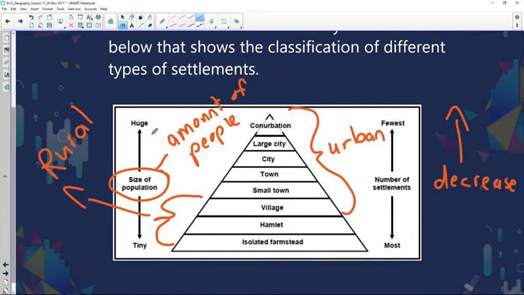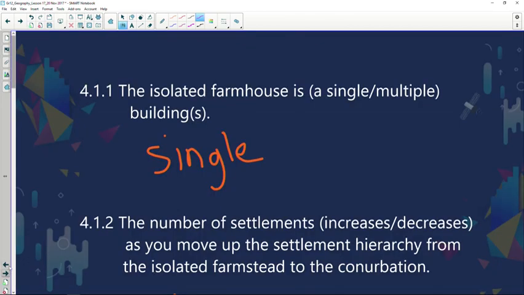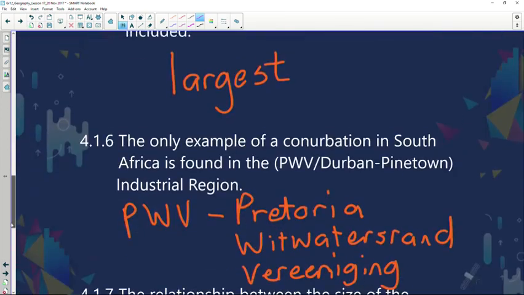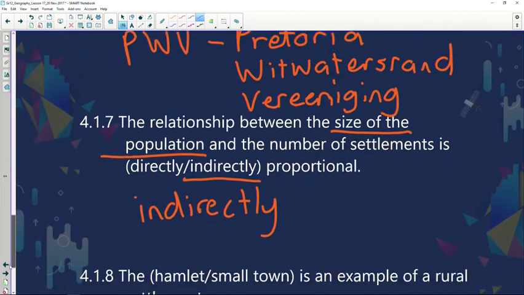If the size of the population increases, there are fewer settlements. If the size of the population decreases, there are more settlements. That's the correct answer for question 4.1.7.